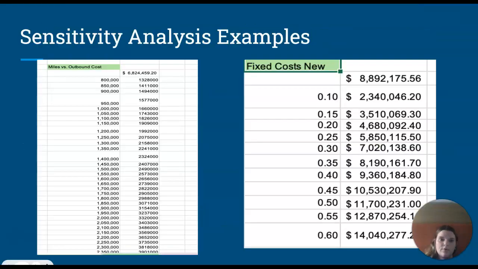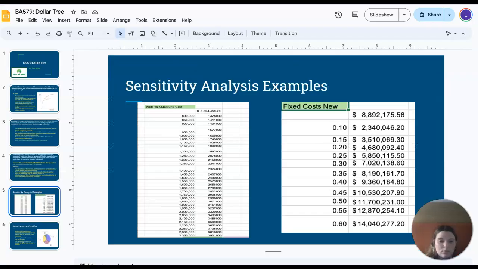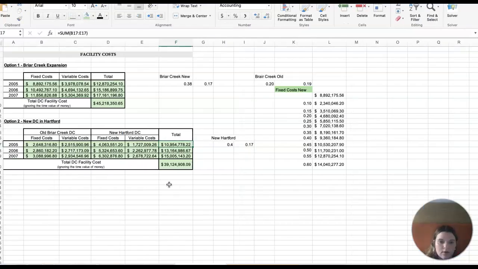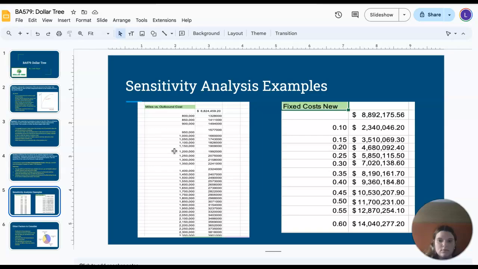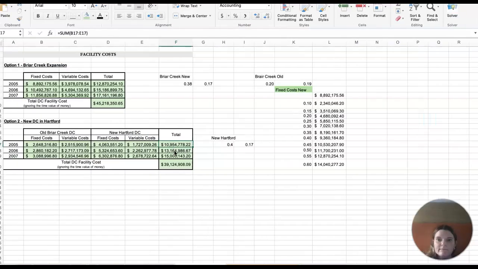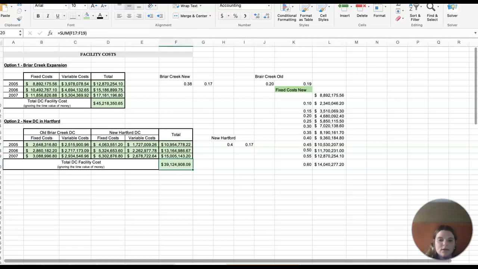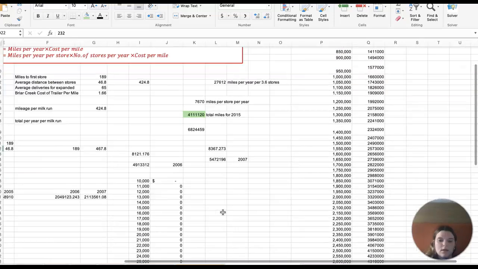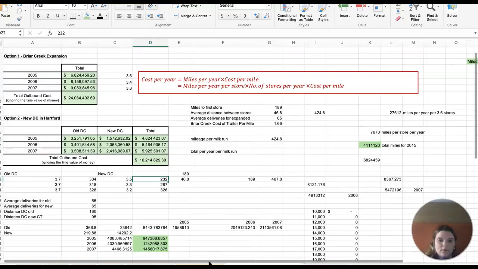So I will go over here. Sensitivity analysis examples, I'm actually going to go here. If y'all can see this. Can you see that? So basically, let's look.